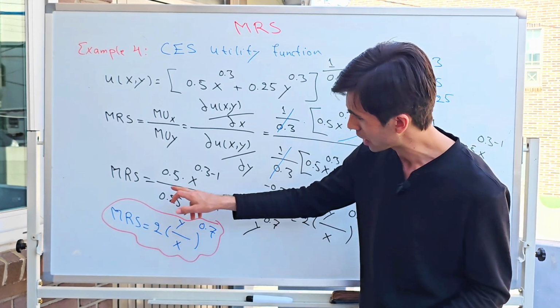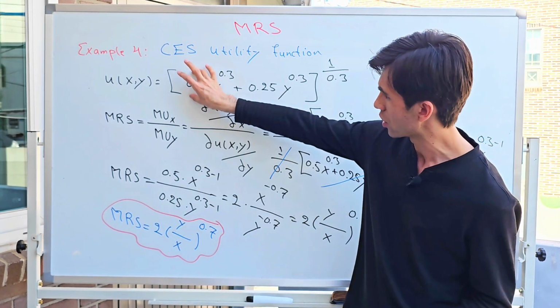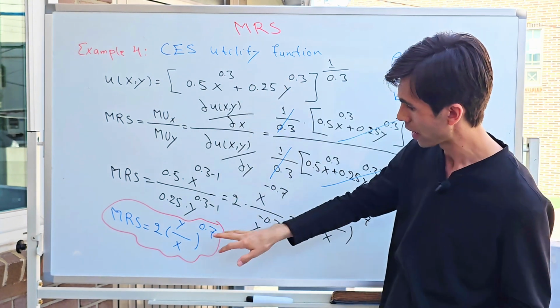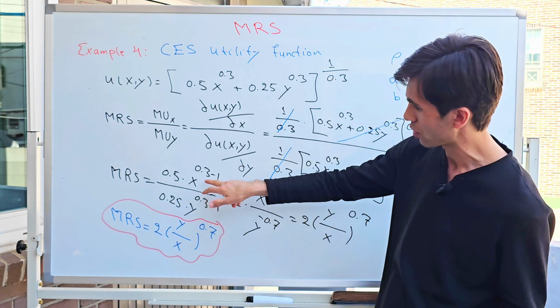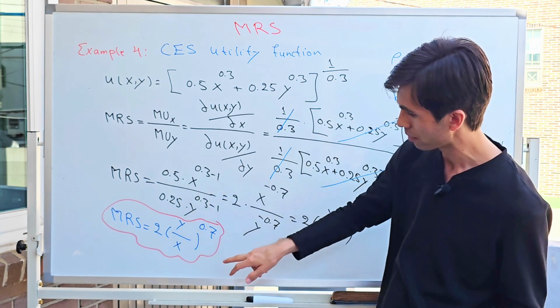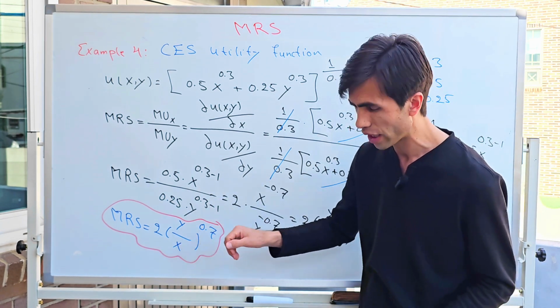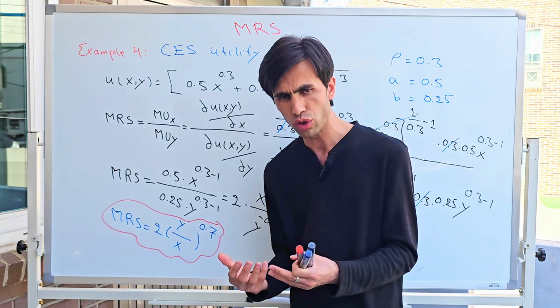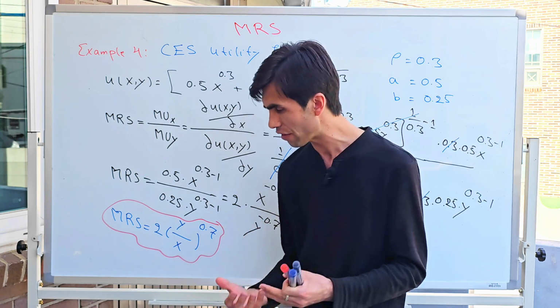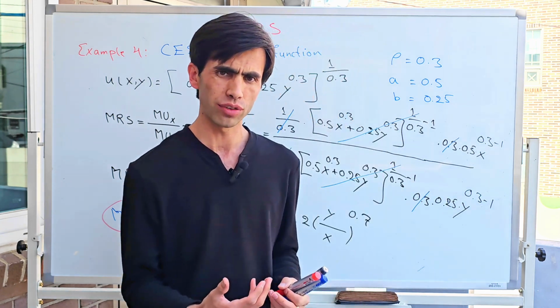This 2 comes from the division of the coefficient of x by the coefficient of y, and this 0.7 comes from rho minus 1. So again, we have y divided by x. If we have different values for y and x, we have a different value for the marginal rate of substitution.